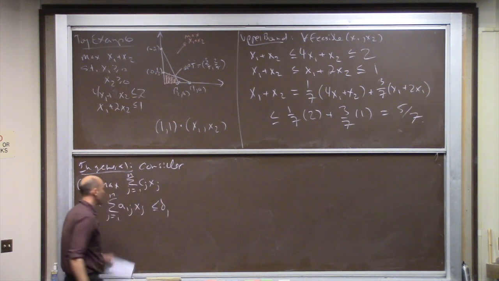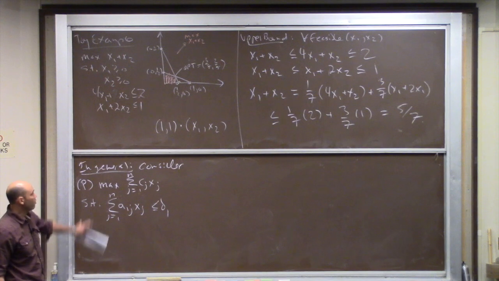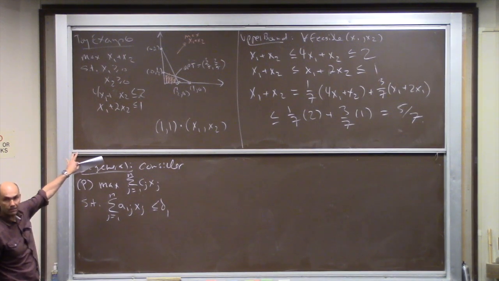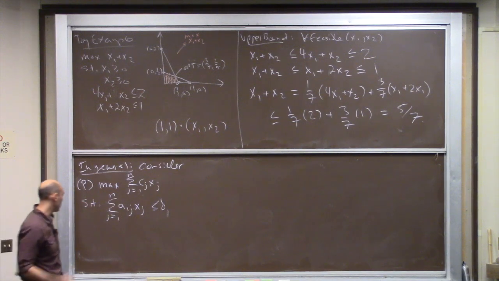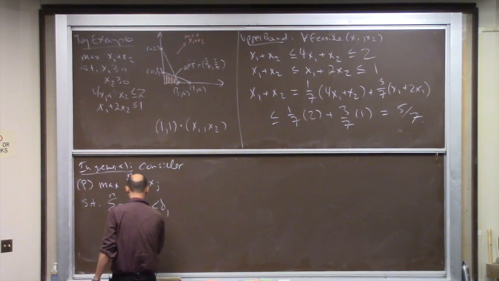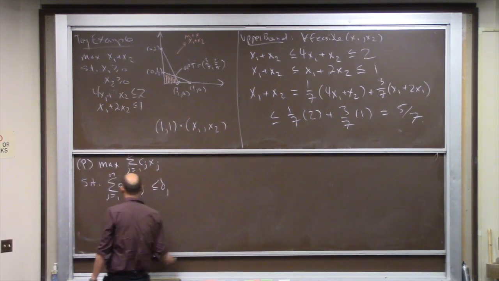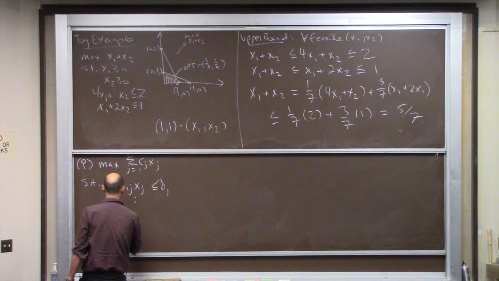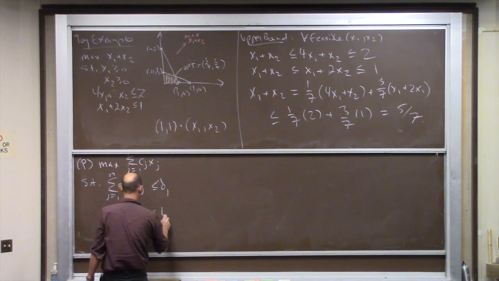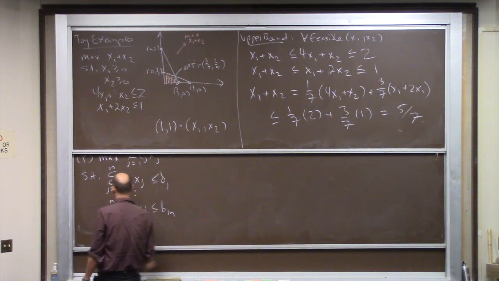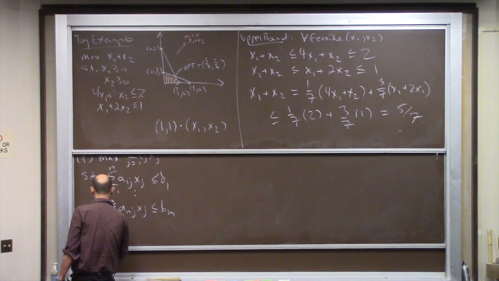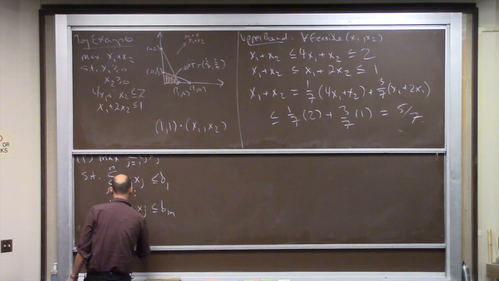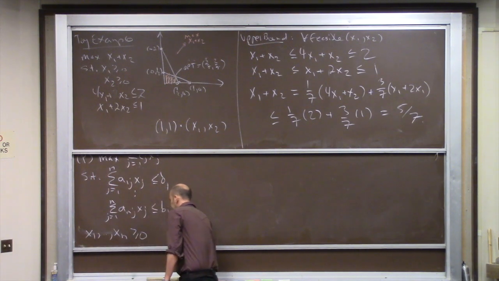For the moment, let's go with linear programs that have the same form as the one up there, where we're maximizing, we have inequalities, and we have non-negativity constraints. We'll talk about other forms in a second. So that's what one linear constraint looks like. In general, we have m of them. And then again, all of the decision variables have to be non-negative.